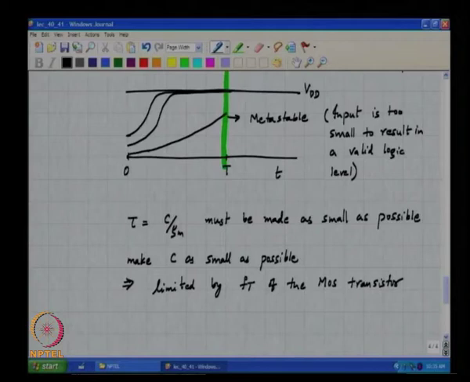So, if the technology improves by scaling down the length, for instance, then to get the same Gm you need a much smaller capacitance, right.